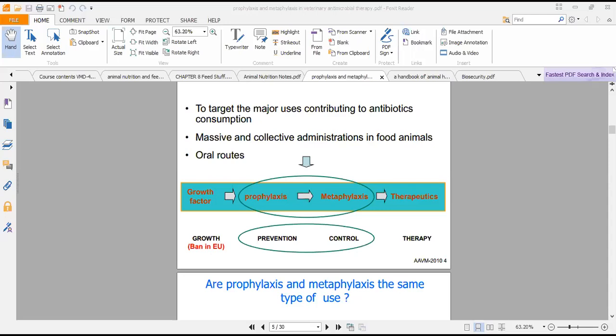The use of antibiotics in animals at a low dose is also being used for the prevention of disease. And when a disease occurs in animals, we also use antibiotics to control it. And sometimes we use antibiotics for therapy purposes.